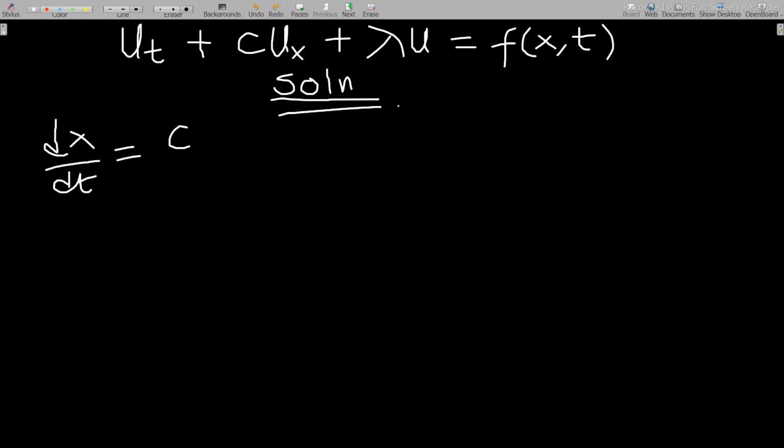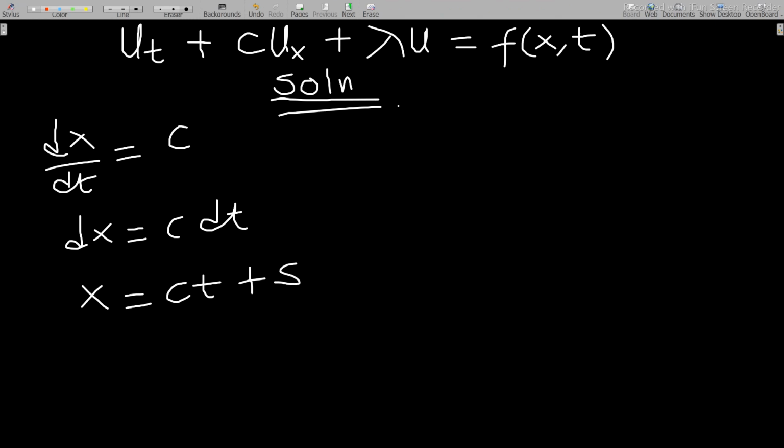If I want to solve this, then dx is equal to c dt. Since this is a separable ODE, if I solve this, I will get x equals ct plus some constant s. So I'll have x minus ct is equal to s, and so I say that one of the characteristic equations is s equals x minus ct.